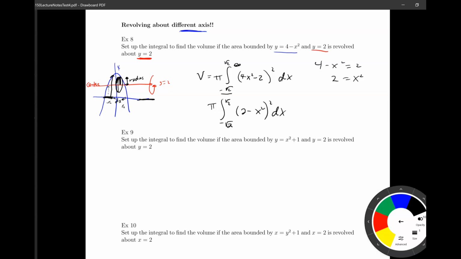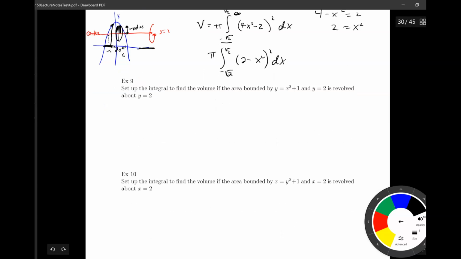All right, let's check out another one. So here I have y equal x squared plus 1. Parabola shifted up 1. And so then we've got y equal 2. Again, y equal 2. All right, so now we're going to be spinning it around. It's being revolved about y equal 2.